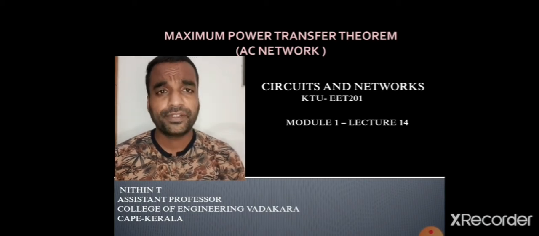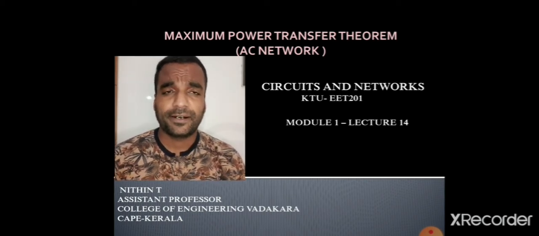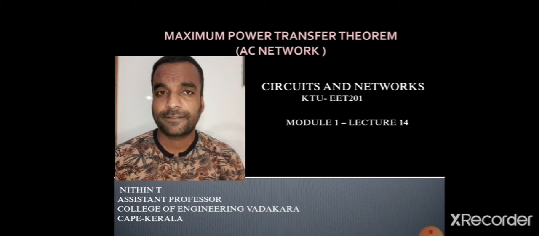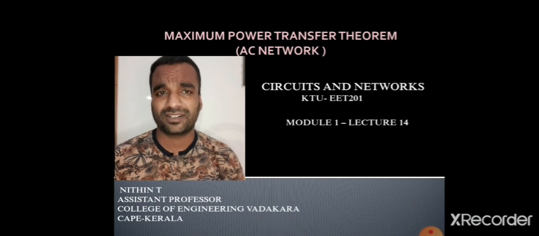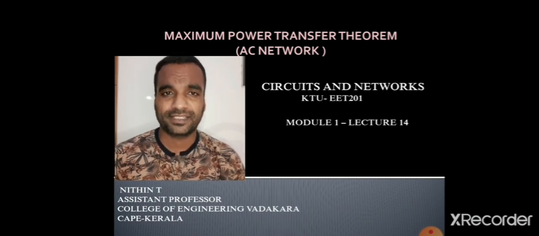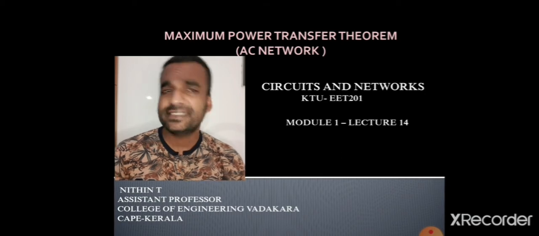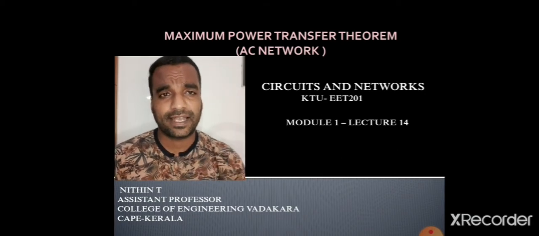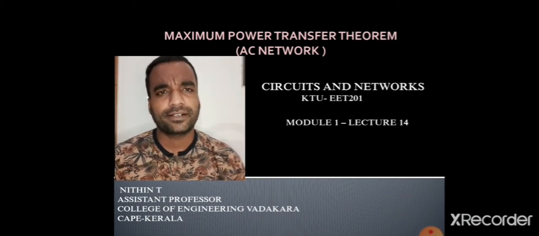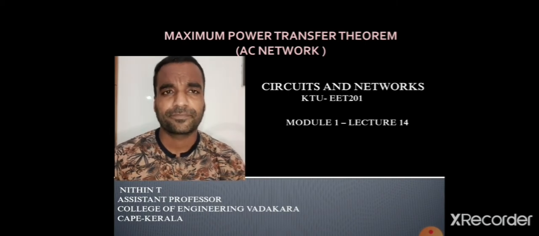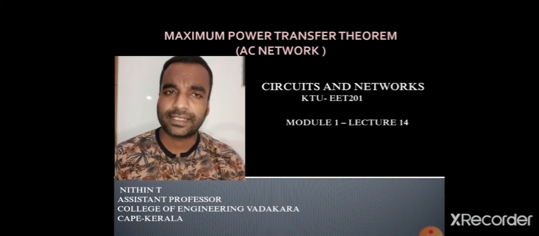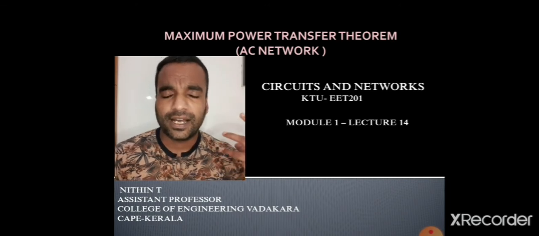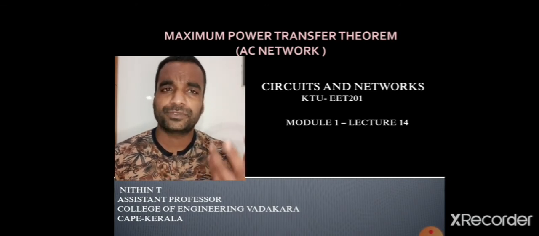So today, we need some more time for discussing the maximum power transfer theorem, because when coming to AC circuits, if we are talking about power, there are some more complications. In the case of DC, the one and only power is active power, because when current is passed through a resistor, it gives a power that is active power, or the true power that we can measure using a wattmeter.